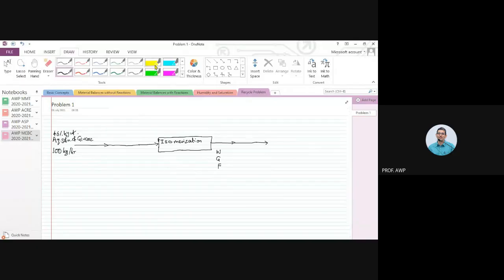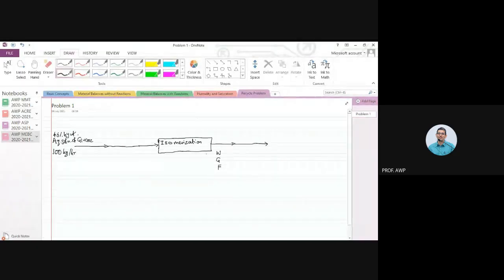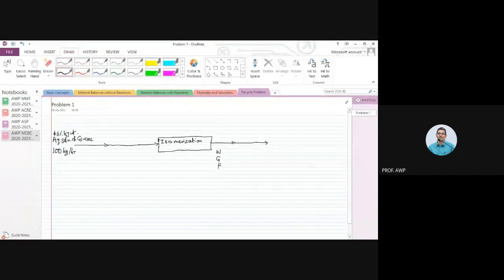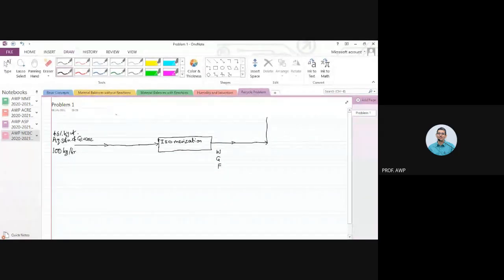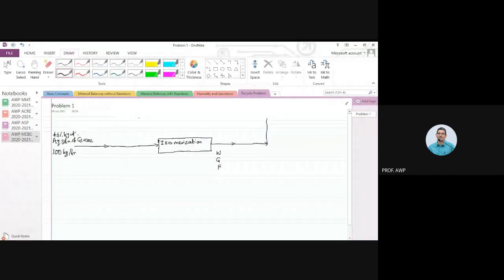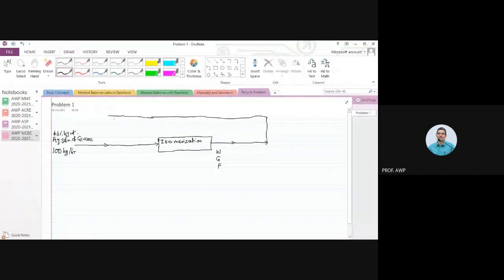The conversion is not 100%, so some of the glucose remains unreacted. This glucose also has to be utilized, in the sense that we want to recycle it back. So part of the stream is taken, and that part is recycled back to the reactor.